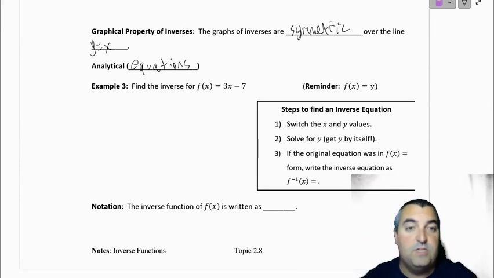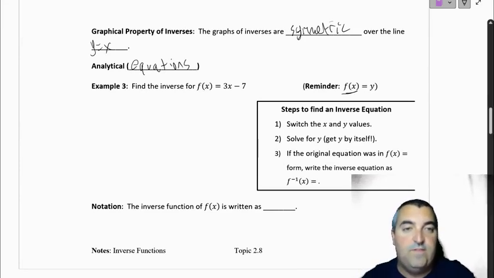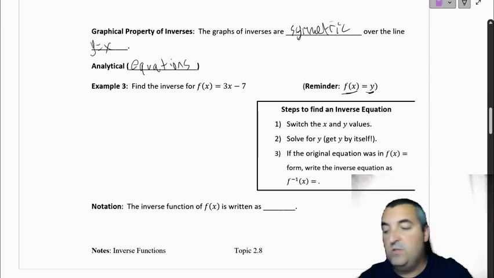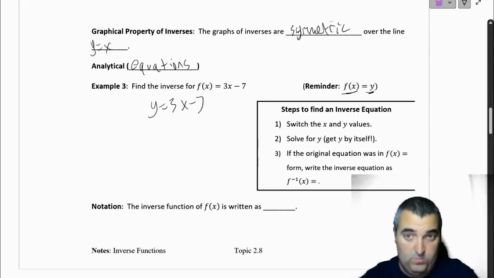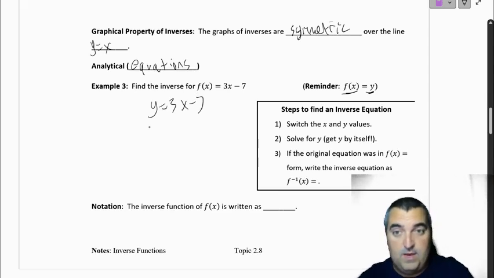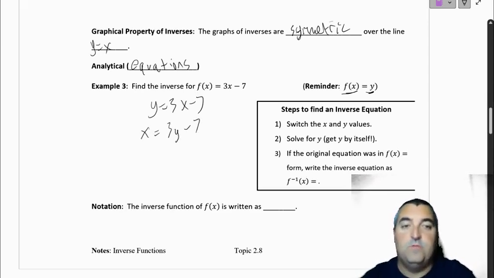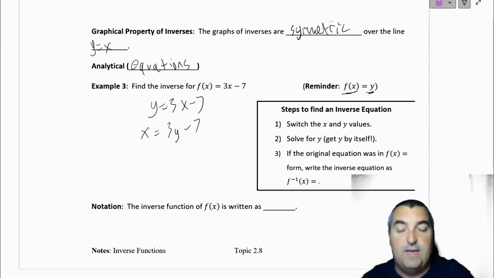Just like all the other ones, we're switching x and y. Just a reminder, f of x is the same thing as y. So I will rewrite it so it's y equals 3x minus 7. I'm going to switch those two around. And in general, we don't like to have an equation in terms of y.